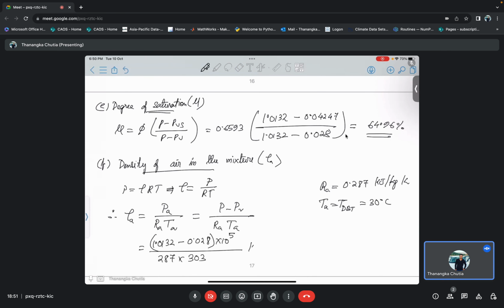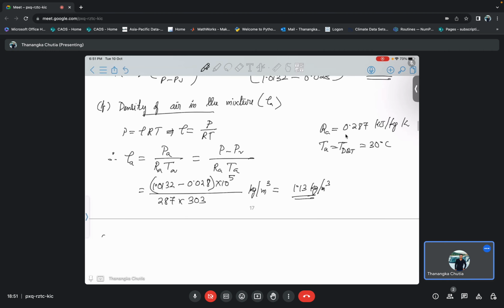Okay, kg per meter cube. So you'll get this as 1.13 kg per meter cube. Okay, so this is the density of air in the mixture.